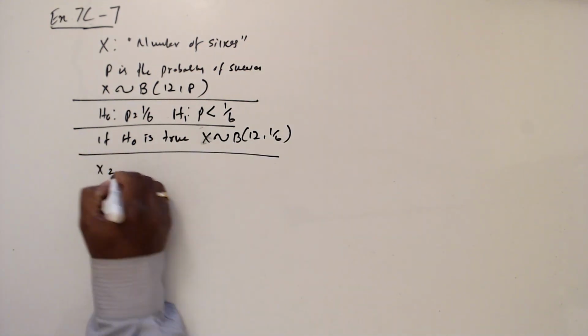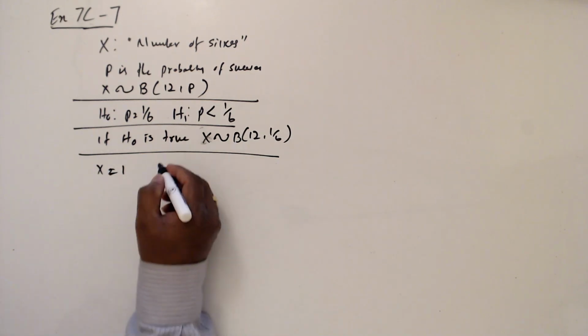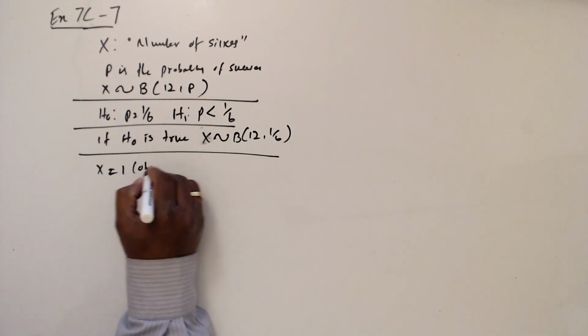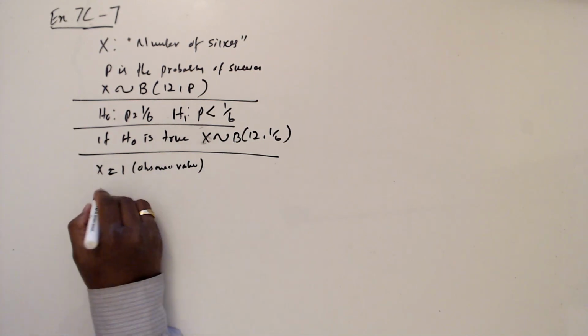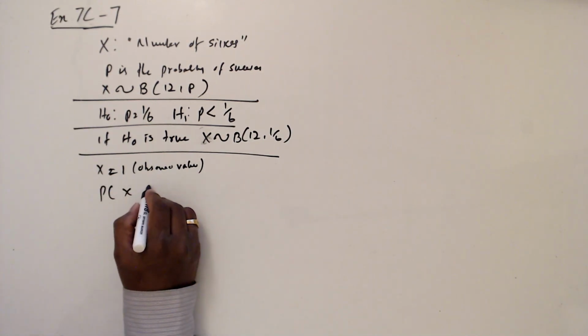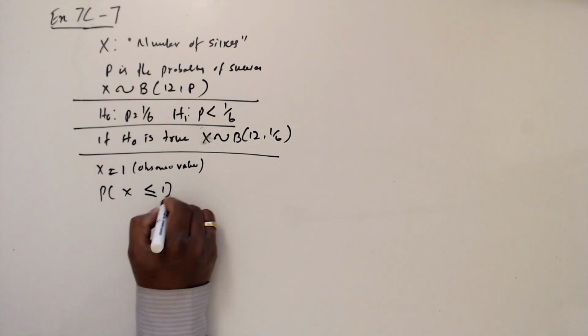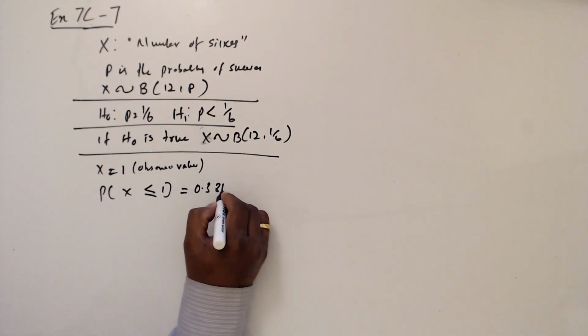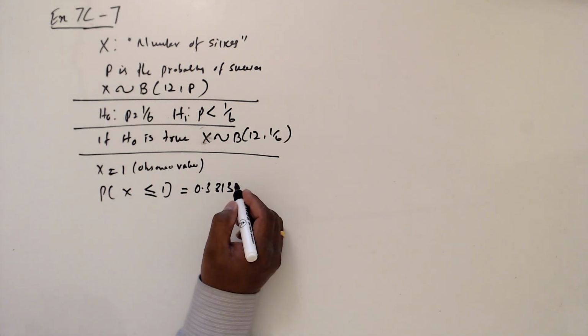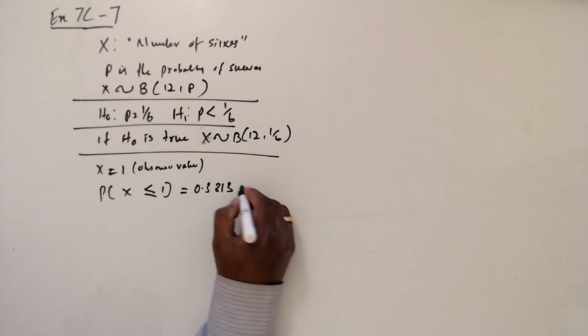Now with the observation X equals 1, so this is the observed value, the probability of X less than or equal to 1 is 0.3813, and the significance level given is 5%.